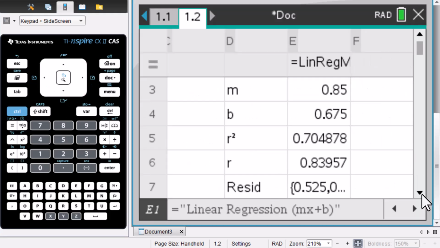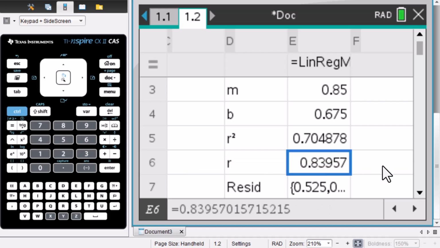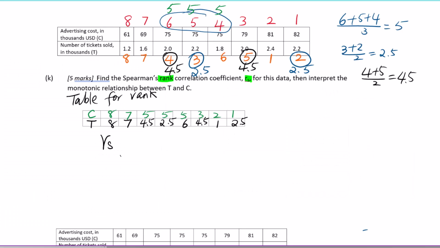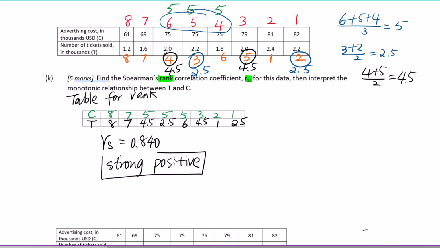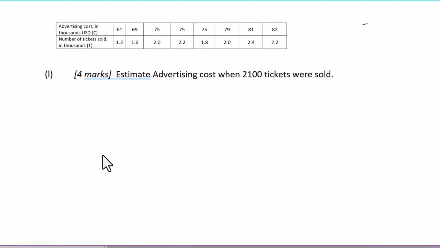We are looking for this R, 0.840. R sub S equals 0.840. Interpret the monotonic relationship between T and C. Strong, positive.